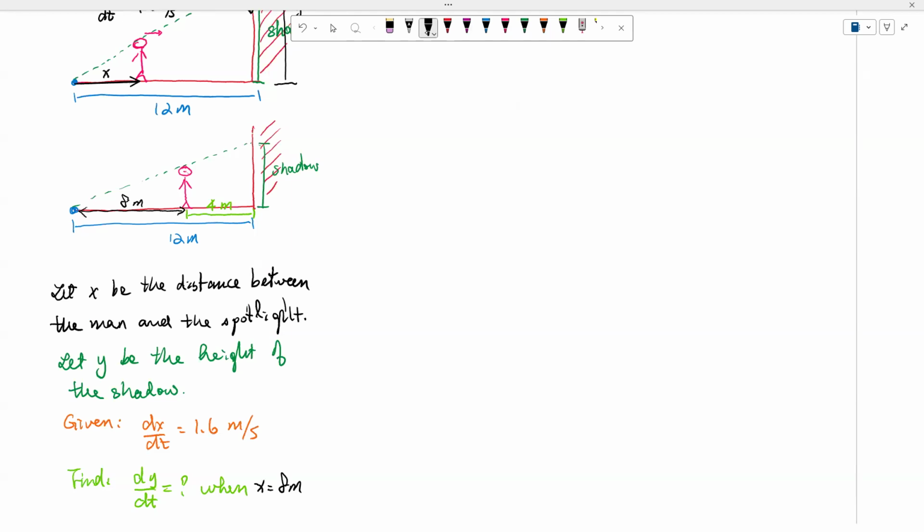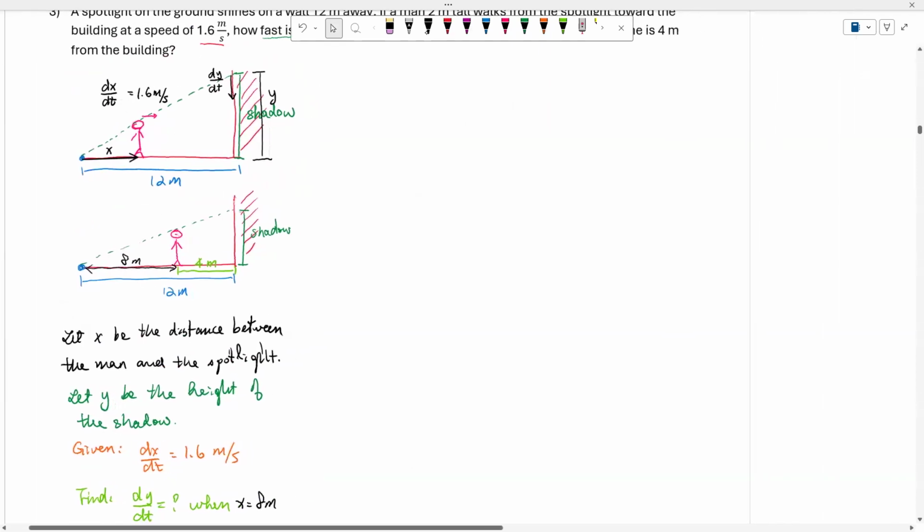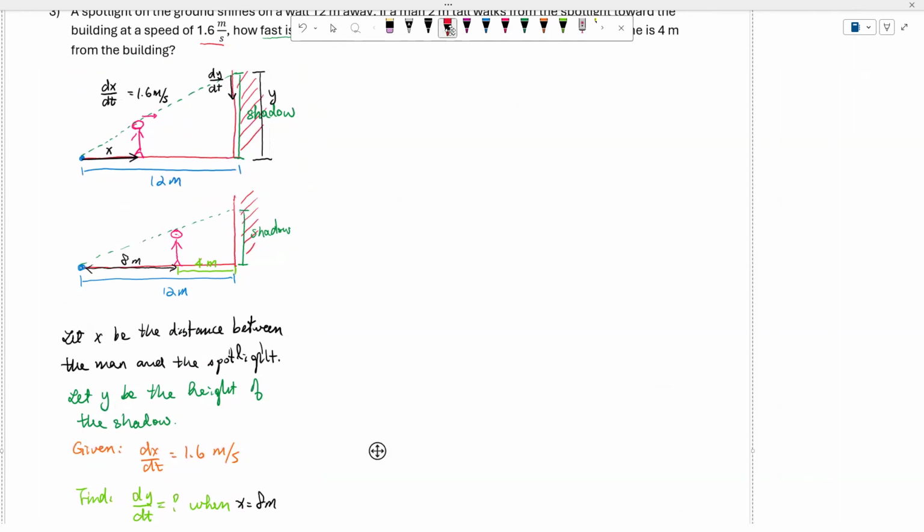Now let's see how we approach this problem. I would like to simplify the diagram that I have here. Let us consider that this is basically a triangle, and in this triangle this is 12 meters. We don't know how high the shadow is, so I make this a y right here.